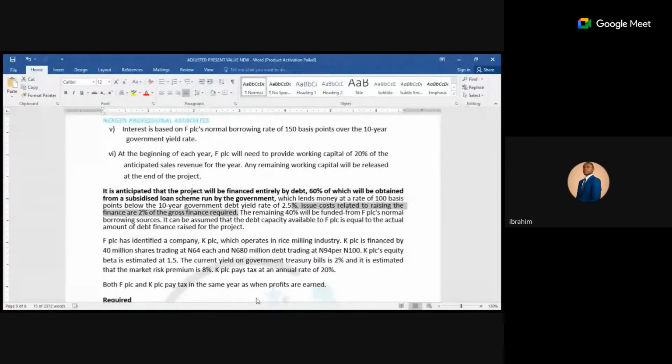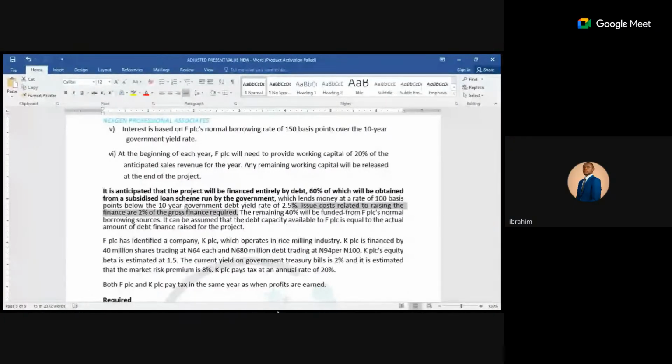In the previous class, they said the issue cost is on commercial. When the examiner is silent, it is assumed that the issue cost is on debt. And what are the debts that were given here? It is the subsidized and the commercial.